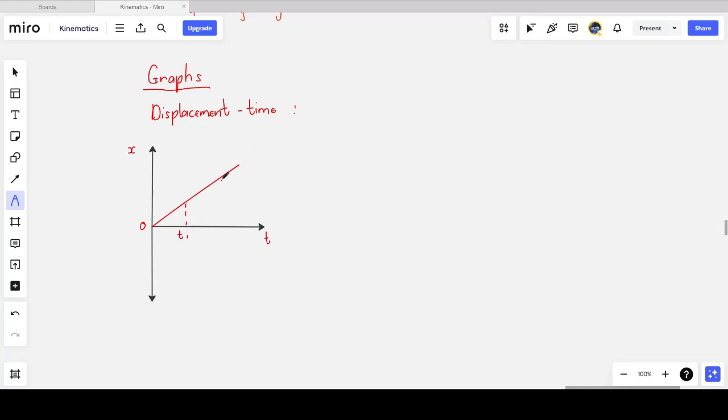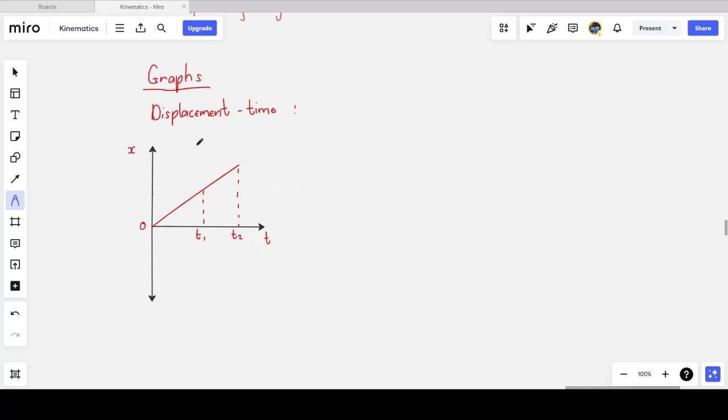Halfway through the motion, it will be at a time t1, half the maximum displacement, and then all the way through its journey, when it reaches the ground again, it will be its maximum distance from its starting point, at t2.